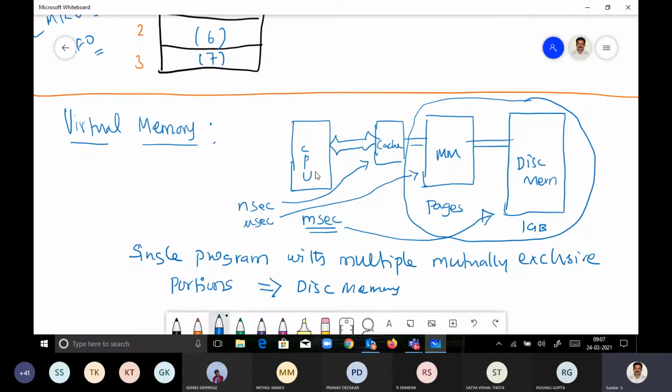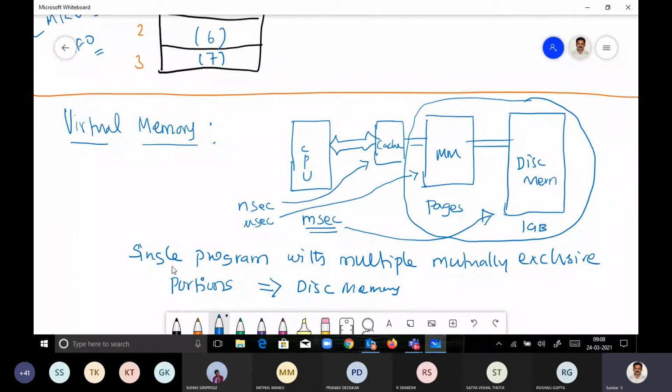If it is available, then at microseconds or nanoseconds speed, it can get the data and execute. Some portion of that portion will be shifted to cache, and from that it will be shifted to CPU. So this is the way it's working.